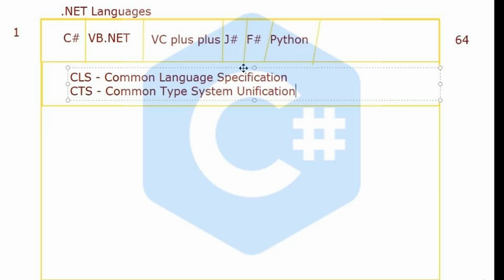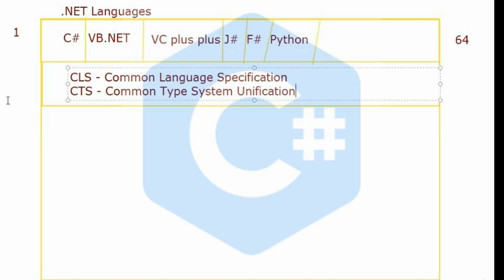For example, in C language an integer is 2 bytes, in C++ it is 4 bytes, and in C# we have 2, 4, 8 bytes, different types of data types. A language should have certain data types and sizes, and there should be common data types across all languages. That is the purpose of CTS.